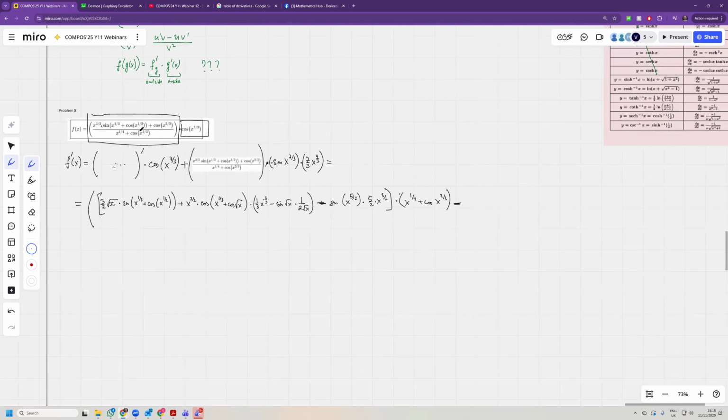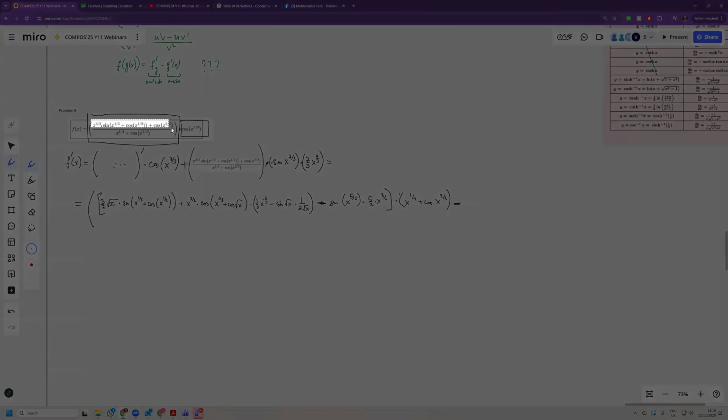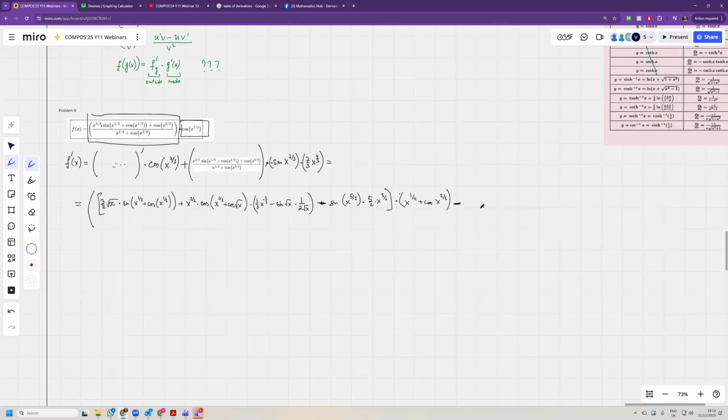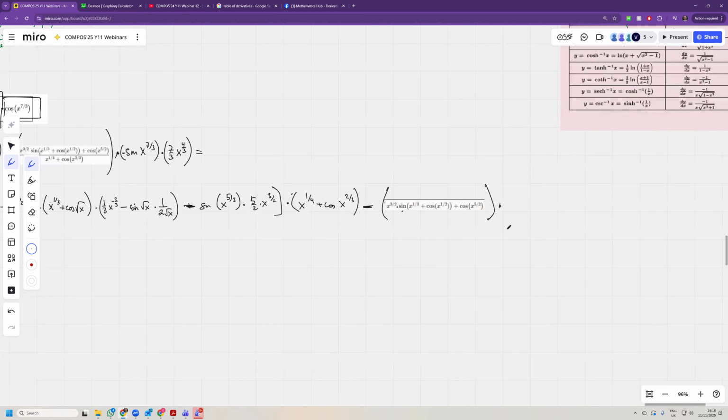And then it's this function here. I don't need to touch that. So it's this multiplied by the derivative of the bottom function. And the derivative of the bottom function is 1/4 x to the power minus 3/4 plus minus sine x to the power 2/3 multiplied by 2/3 x to the power minus 1/3.